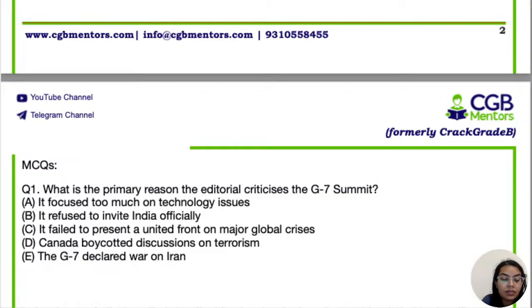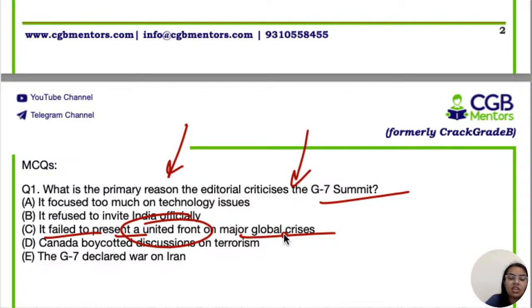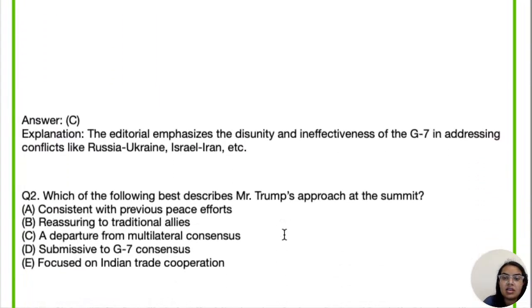C is the answer, right? What is the primary reason of editorial criticizing the summit? It failed to present a united front on major global crises. No need to even explain for those who have read it.